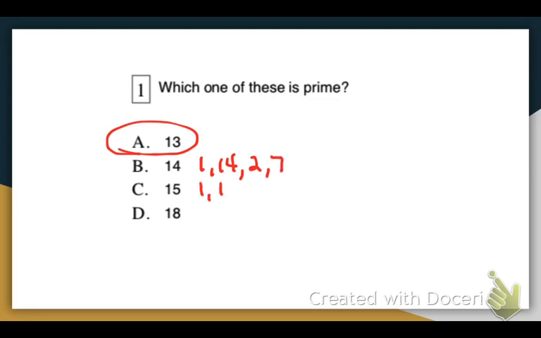Here you have 1 and 15, and 3 and 5, and here you have 1 and 18, 2 and 9, and 3 and 6. But the only way to get 13 is 1 and 13, so it only has 2 factors. Okay, so don't forget to circle on your data tracking sheet: yes, you got it correct, and no, you didn't get it correct. Alright, next one.